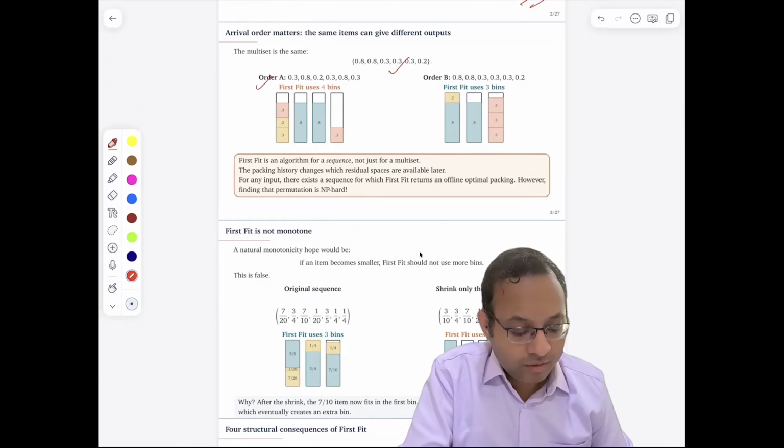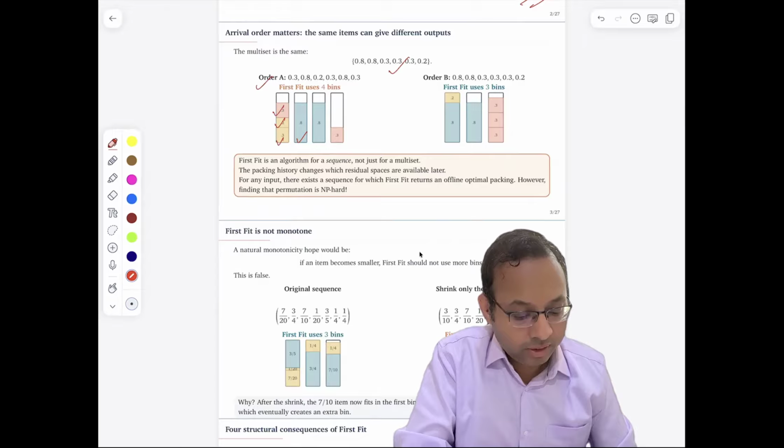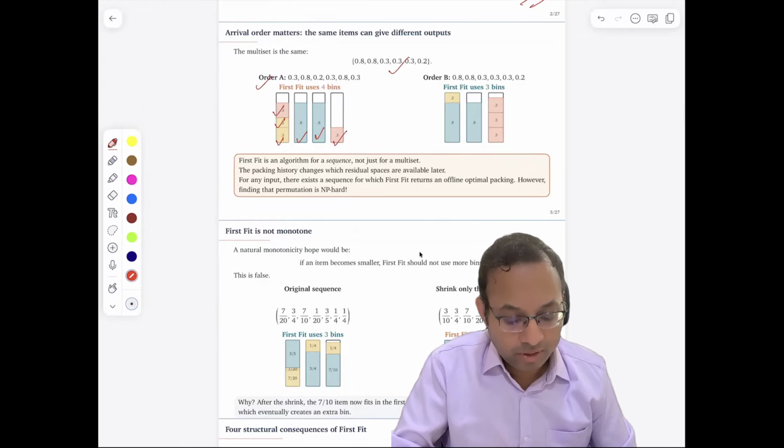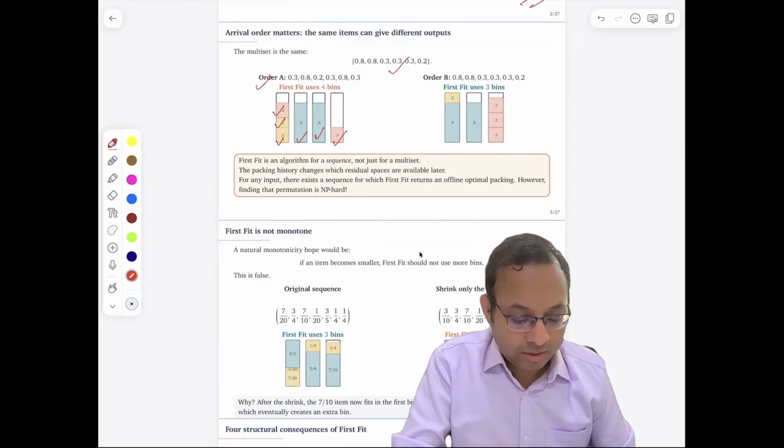In the first order, first 0.3 comes, then 0.8, then 0.2, then 0.3, then 0.8, and 0.3. We open 4 bins. In the second case, first 0.8 comes, then 0.8, then 0.3, then 0.3, then 0.2, and then 0.2. Then 0.3 and then 0.2. In this case, we pack 3 bins.